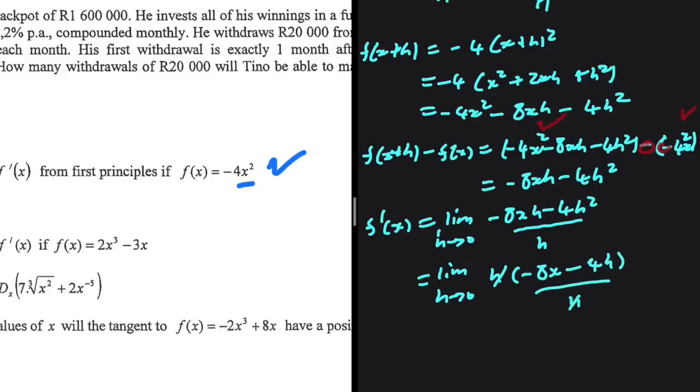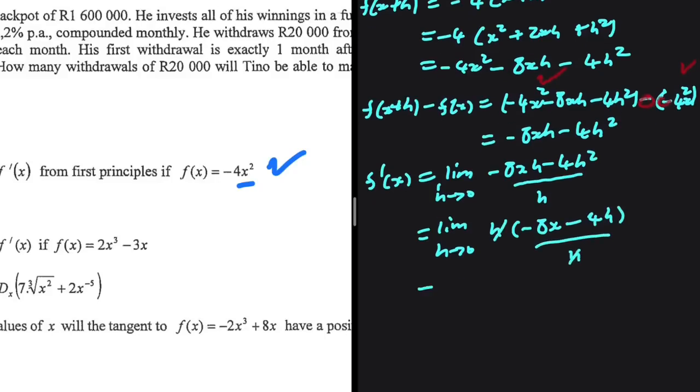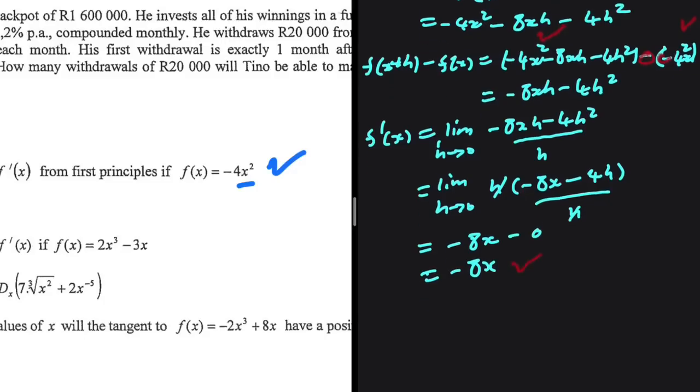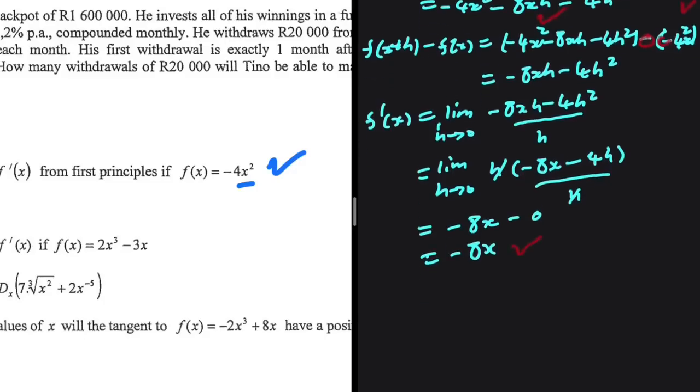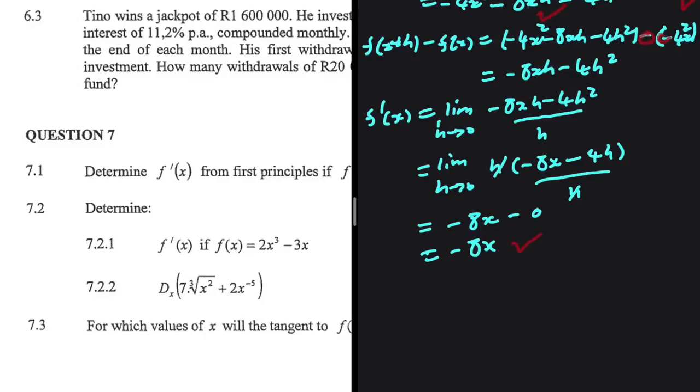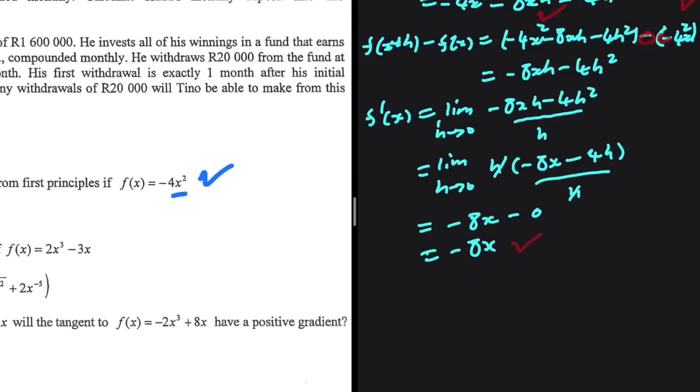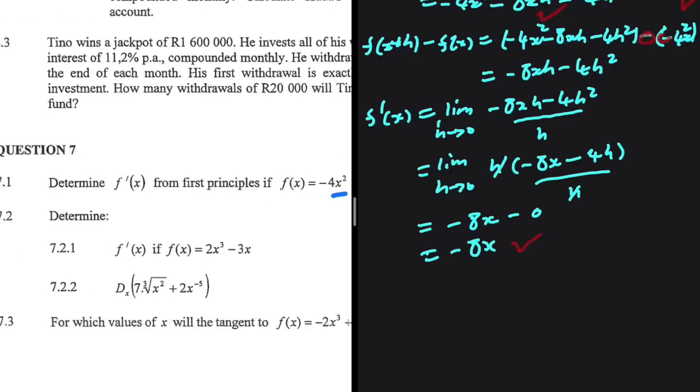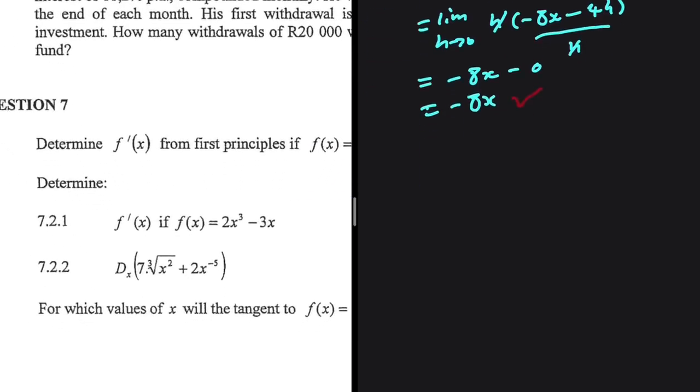If h and h cancel out and we let h turn into 0, we're going to have minus 8x minus 0 basically. So f prime of x is just equals to minus 8x, which is the same solution we get using the power rule. So yeah, we are convinced that 7.1, we have it correct, all the 5 marks. Let's move to 7.2.1.